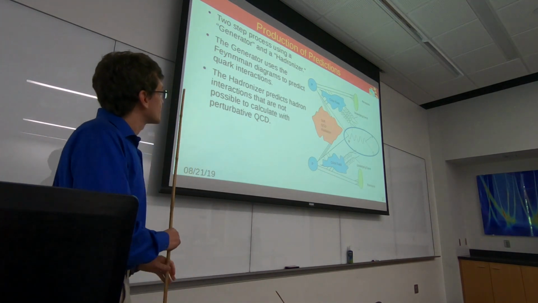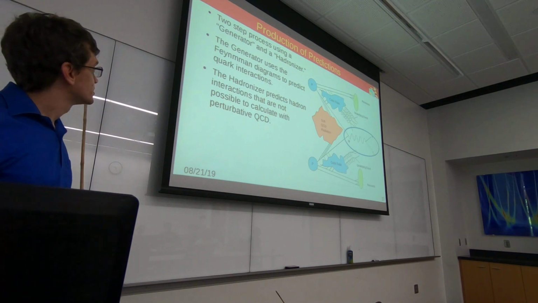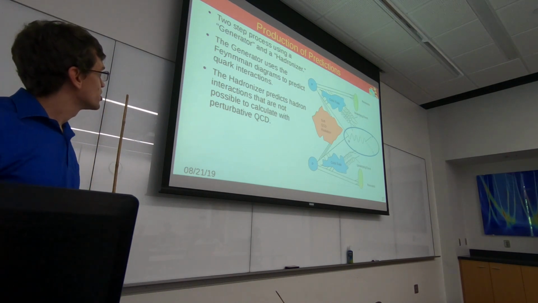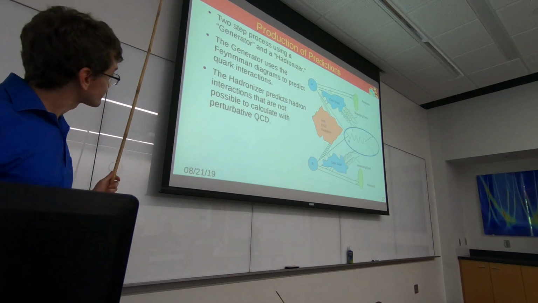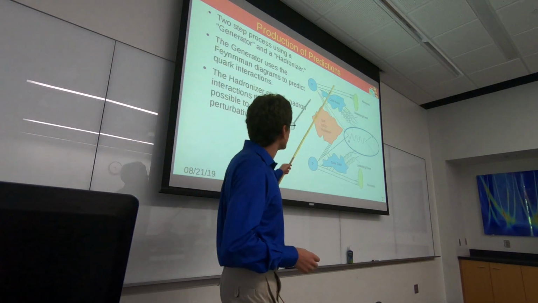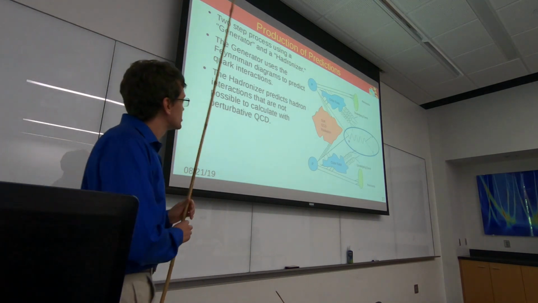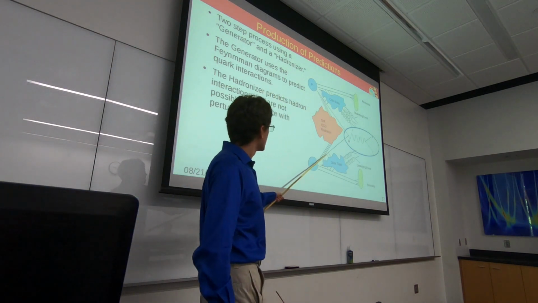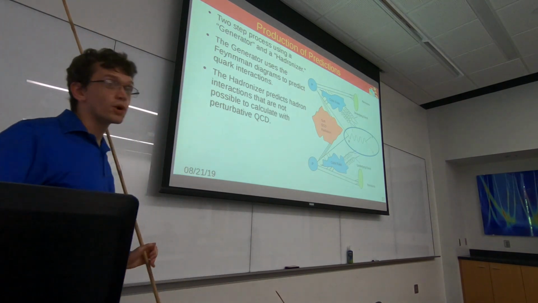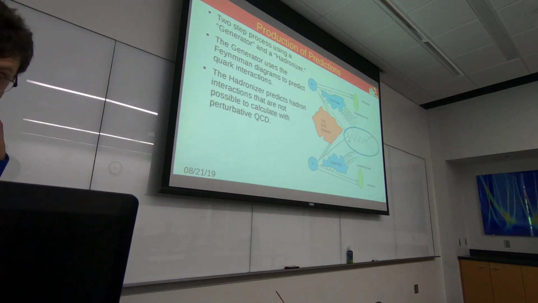In order to produce the hadronization, which is not predictable through perturbation, we use the hadronizer. It produces the rest of it, so it adds the rest of the quarks making up the proton, and also adds some QCD interactions down here that affect the quark that produce the W or the Z.